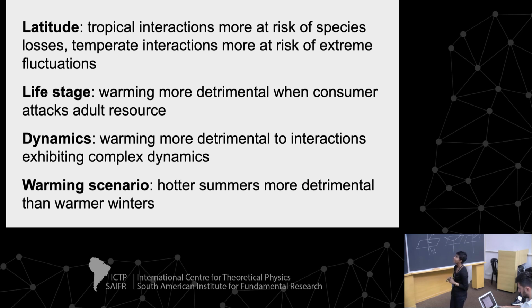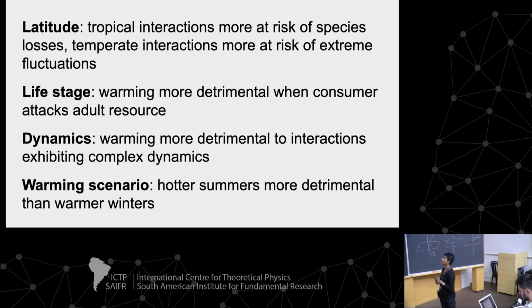And we find that warming is more detrimental when the consumer attacks the adult resource and when consumer-resource dynamics exhibit complex dynamics in the absence of warming. And we find that hotter summers on average tend to be more detrimental than warmer winters, especially to the higher trophic levels.